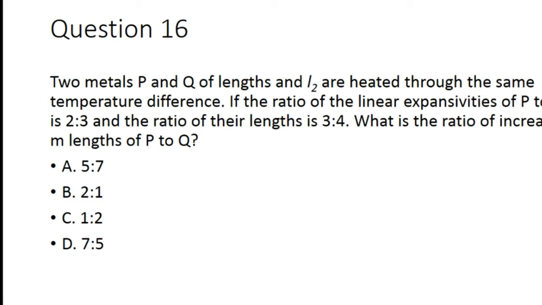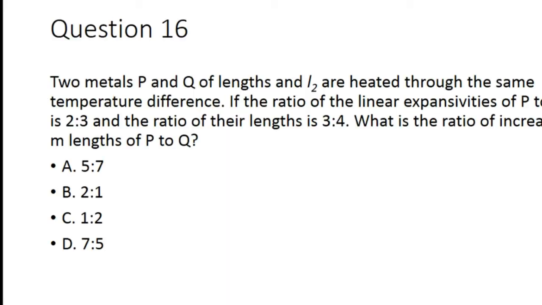Now, for us to find the ratio of the increase in length of P to Q, let's use the formula change in L of P over change in L of Q. This implies 2 times 3 times the change in temperature all over 3 times 4 times the change in temperature. This will be equal to 1 over 2. And this will give us a ratio of 1:2.